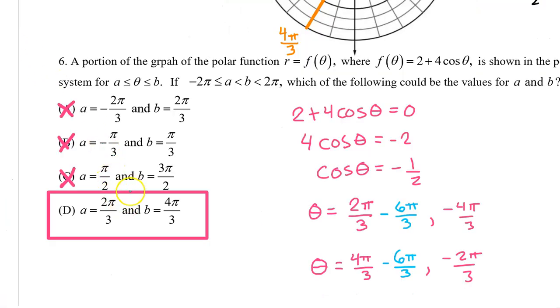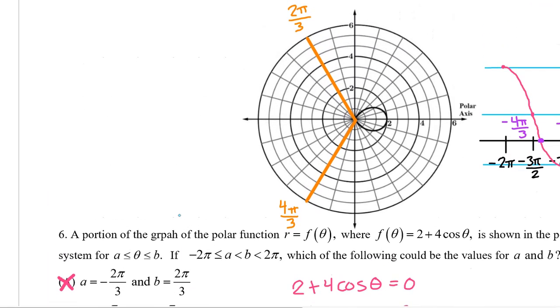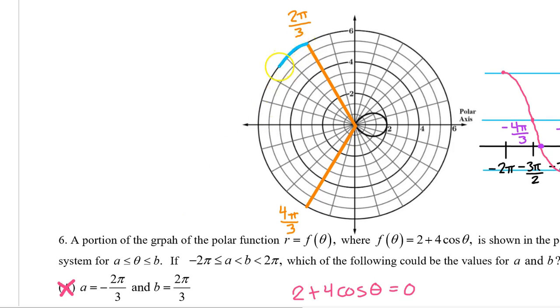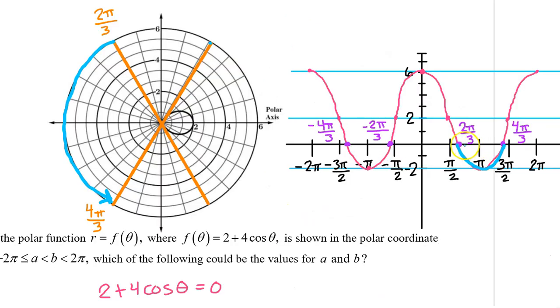By the process of elimination, we know that D must be the answer, but let's follow through and see why it makes sense. Option D represents the interval from 2 pi over 3 to 4 pi over 3. On the polar graph, that's going to be from here to here. On the rectangular graph, 2 pi over 3 to 4 pi over 3 goes from here to here.